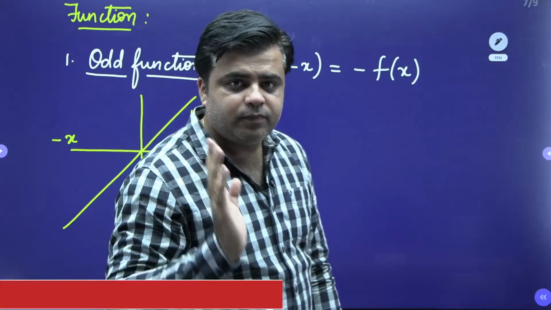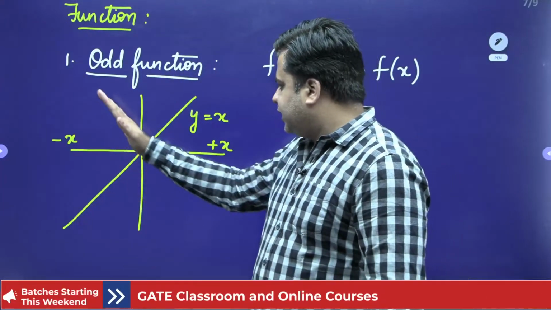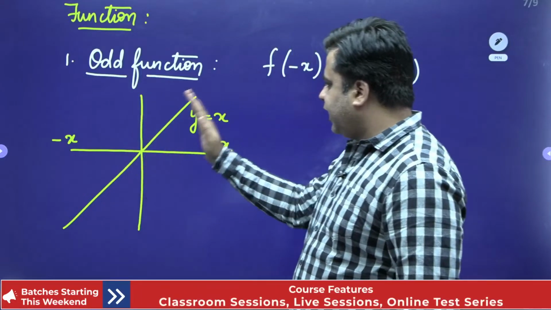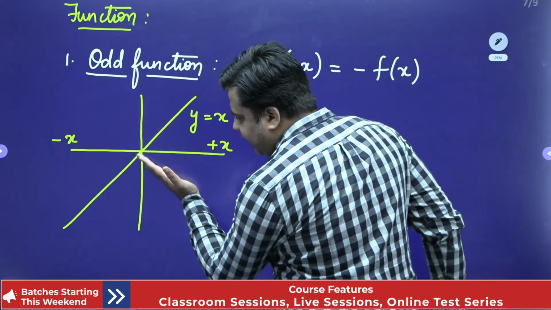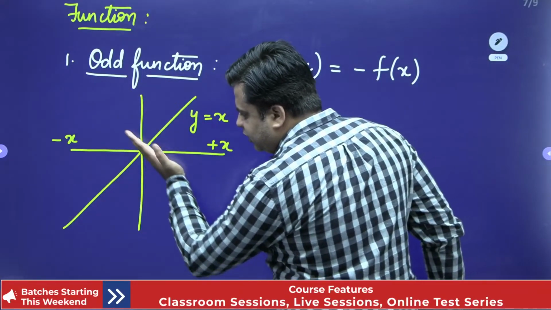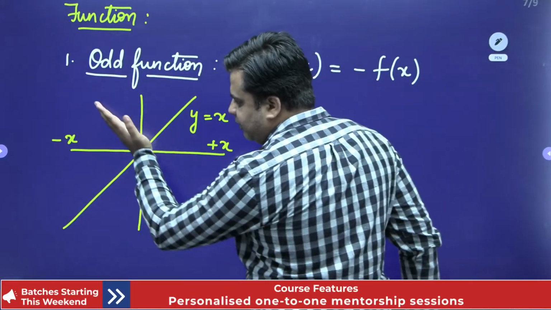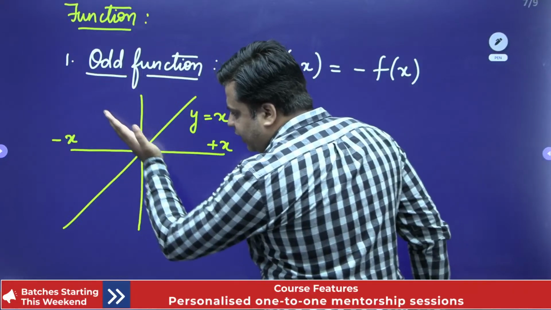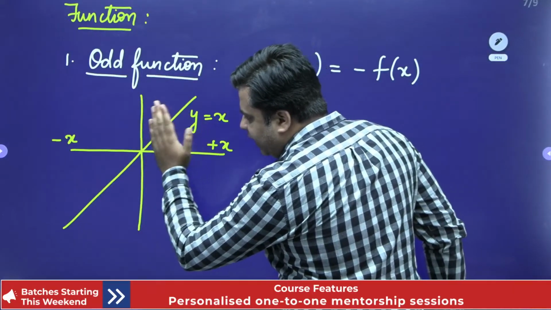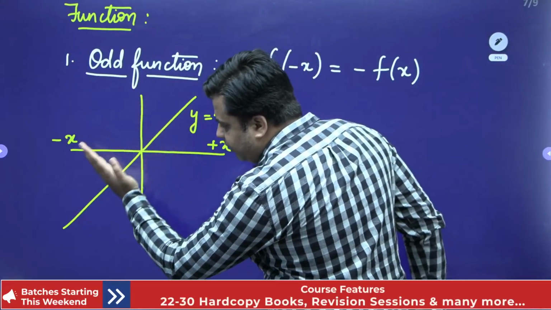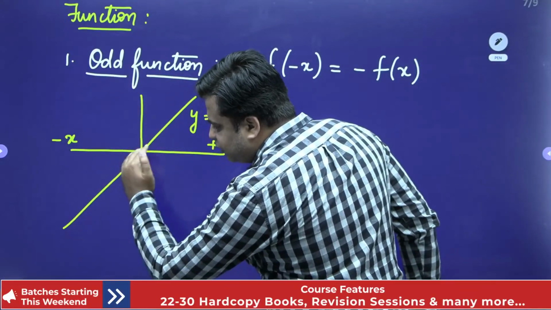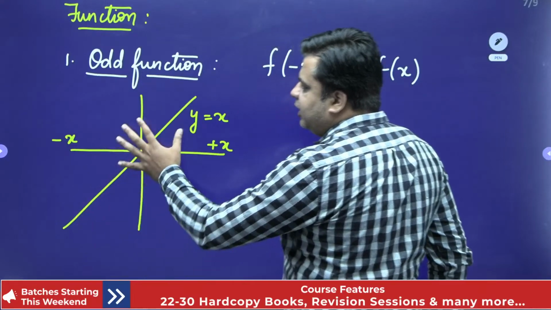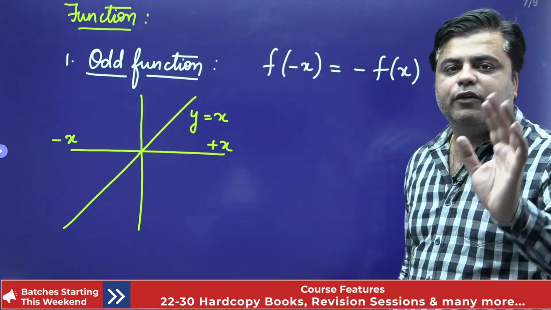What did I say? Just concentrate on the positive side of the function, right? Keep a mirror inclined at 45 degrees to the origin in this fashion. If over this mirror you get an image of the curve, and if this image overlaps with the existing curve, then that function will be the odd function.